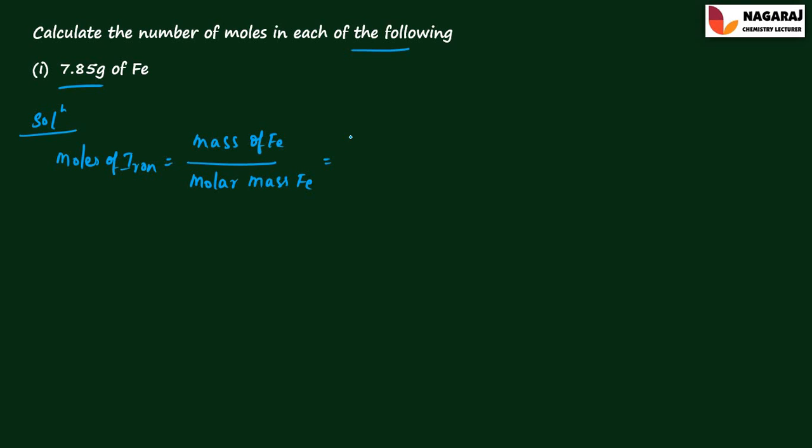That is, mass of iron is 7.85 grams divided by the atomic mass of iron. So it is an atom, right? So in the formula just write atomic mass. So atomic mass of iron is 55.8 grams per mole. So grams and grams are cancelled, and on simplification it gives 0.141, and 1 divided by per mole is written as mole.